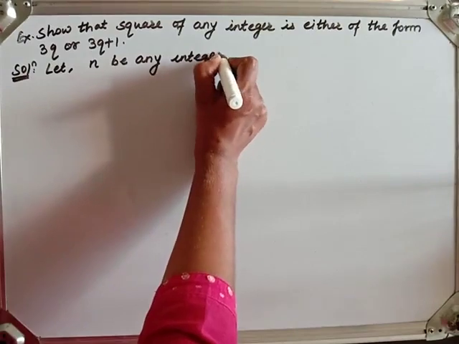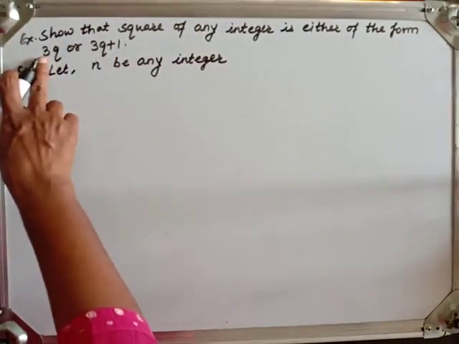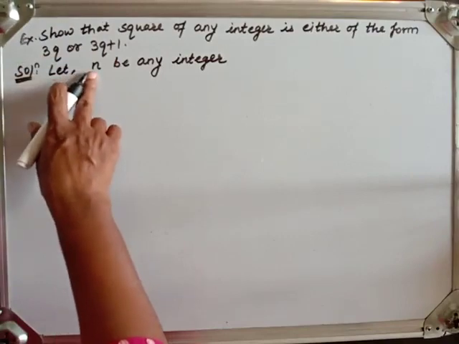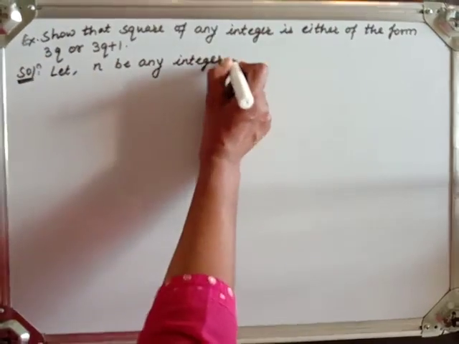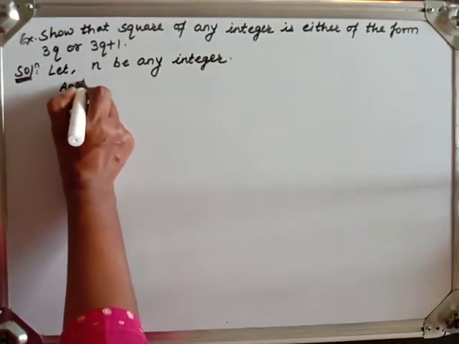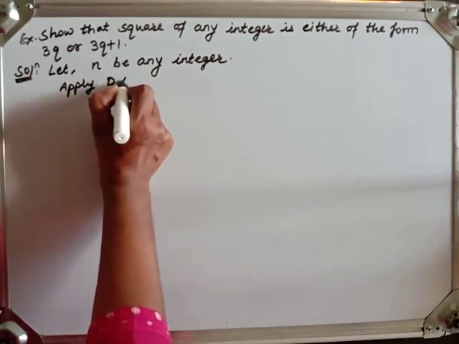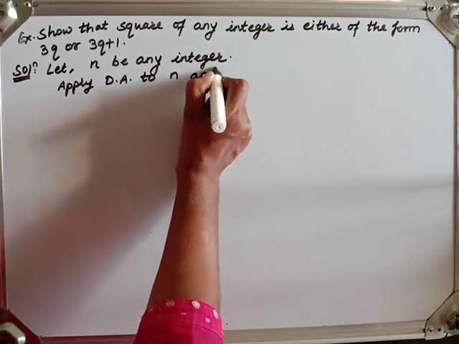Now here the square of the integer is of the form 3q or 3q plus 1, means here the divisor will be 3, and the dividend will be n. So apply division algorithm to n and 3.